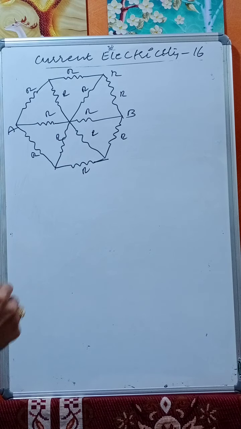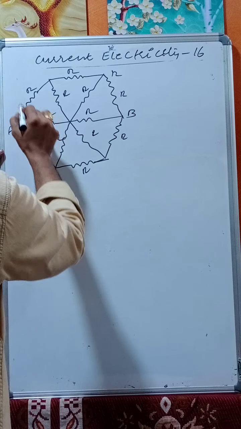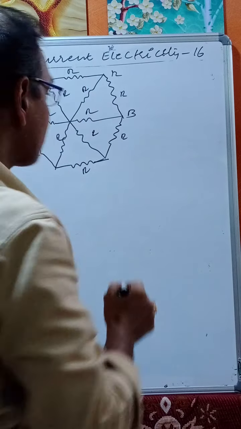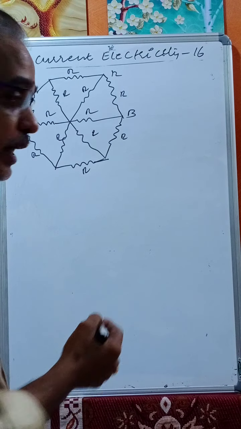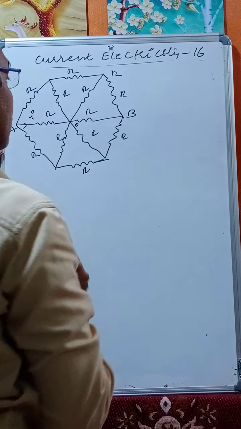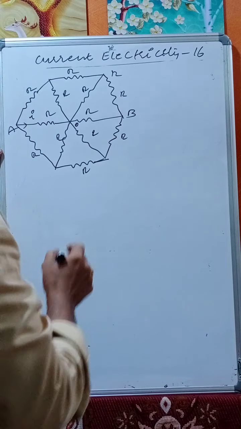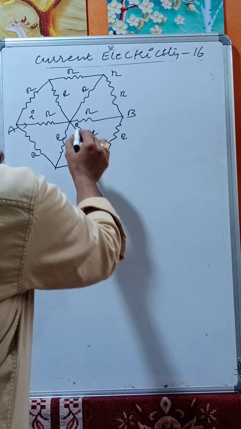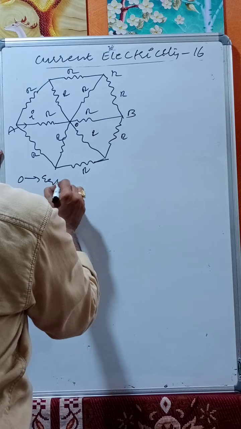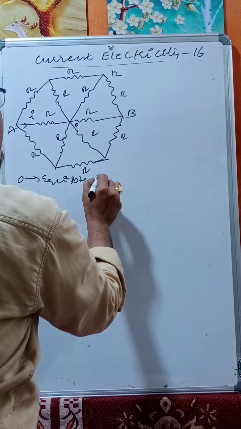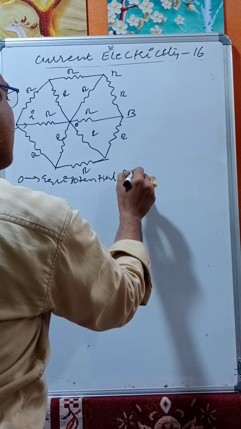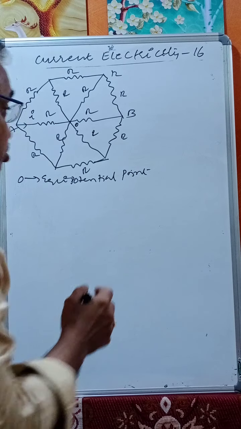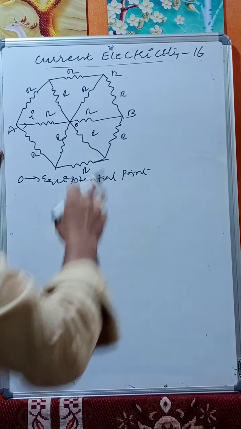How to get this one? Now if the current I flows like this, it is equally distributed because all the resistors are equal. If I take this point O, then that will be an equipotential point. O is an equipotential point because the current is equally distributed.